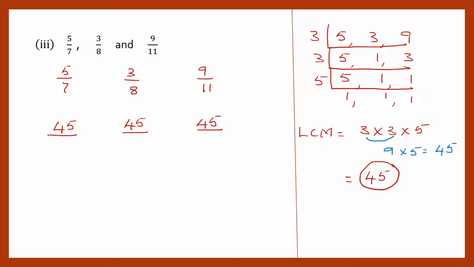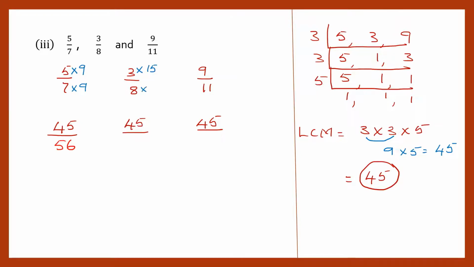So now go to the numerator and check. 5 into what is 45? 5 nines are 45. So multiply 7 also by 9. 7 nines are 63. Let's go to the second fraction. 3 into what will give us 45? 3 into 15.